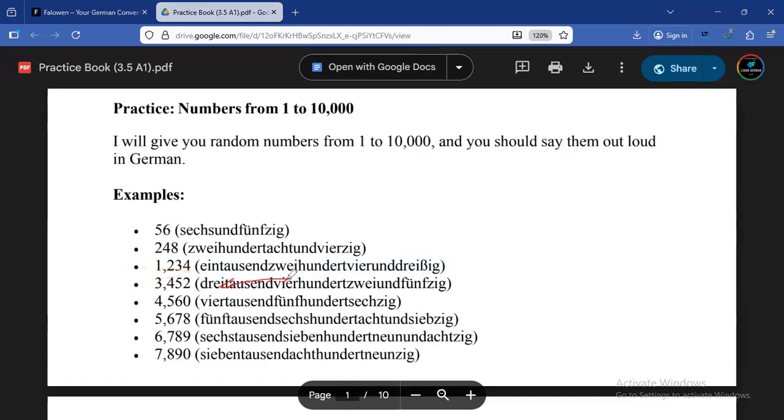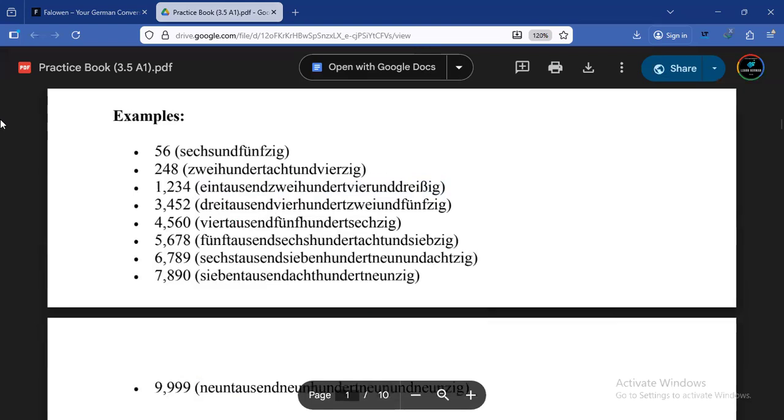3,452, we come to 3,452. And 4,560 is going to be 4,560. And 5,678 is going to be 5,678.